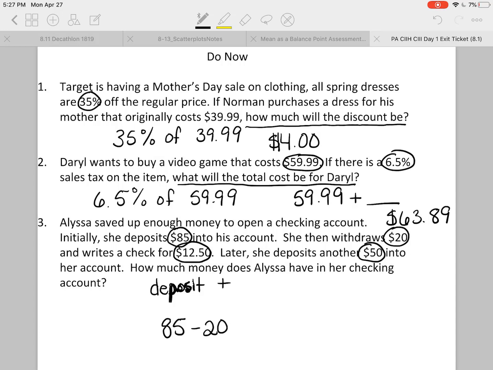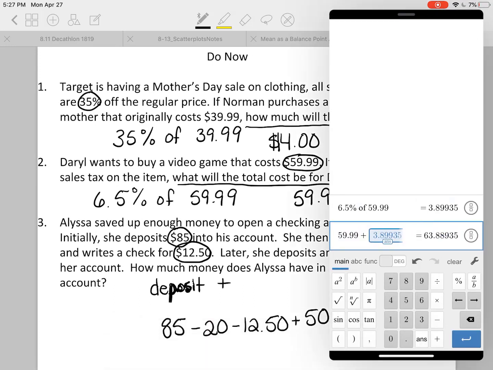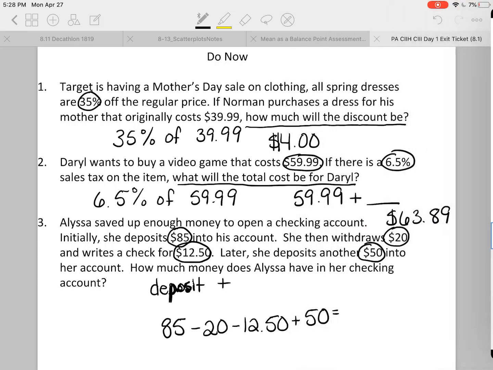So minus 20. And when we write a check, that also removes money from our bank account, so that is also subtraction. Again, we have that addition of $50, a deposit. So now we just run the numbers in our calculator. 85 minus 20 minus 12.5 plus 50, and we end up with $102.50.